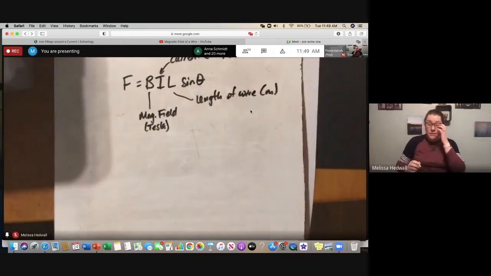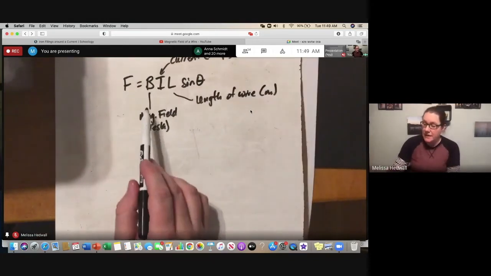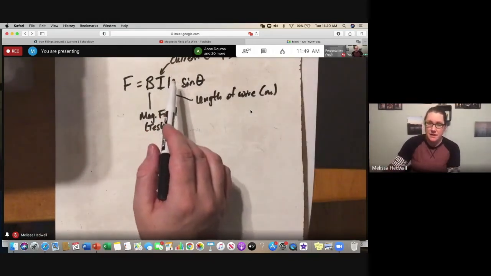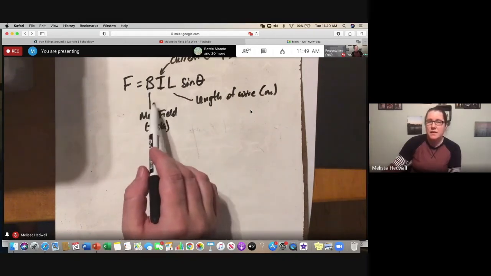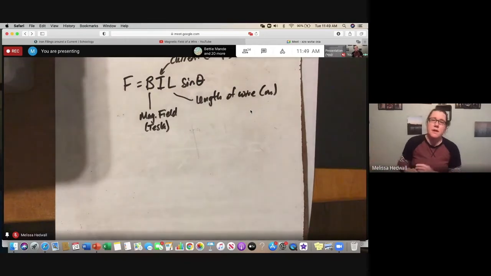Sine theta: if your magnetic field and your current-carrying wire are perpendicular to each other, then sine theta ends up just being 1, and you're fine. If there's an angle between them, then you end up with a lower amount. I go into all of that in the video, so I'd watch the video on that one.